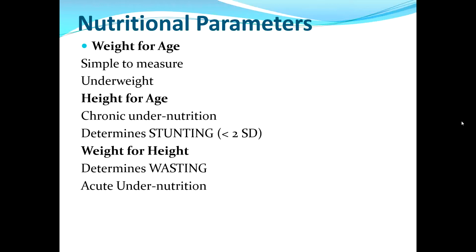The second parameter is height for age as a result of chronic undernutrition and determines stunting, if the patient's height for age falls below -2 standard deviation. Weight for height determines presence or absence of wasting, and reflects acute undernutrition. We have discussed it in the previous lecture, and this is just a repetition.